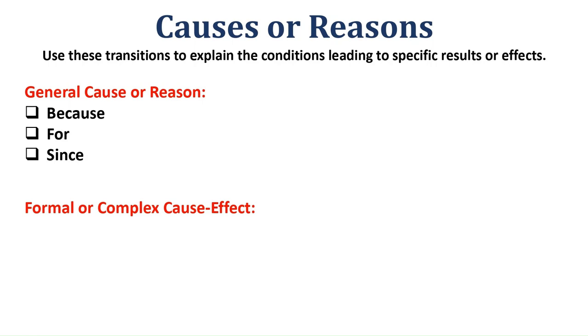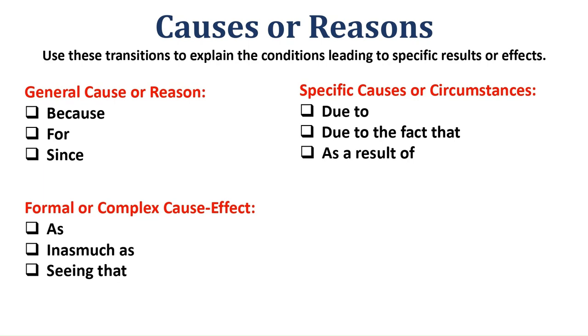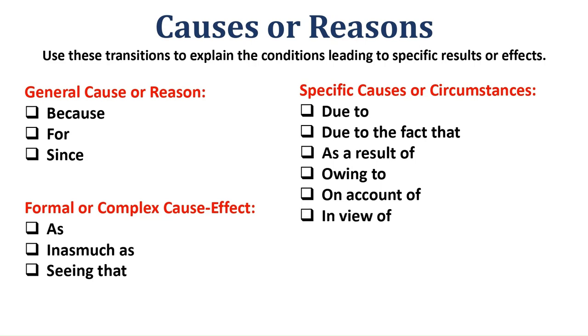Formal or complex cause-effect: as, inasmuch as, seeing that. Specific causes or circumstances: due to, due to the fact that, as a result of, owing to, on account of, in view of, being that.